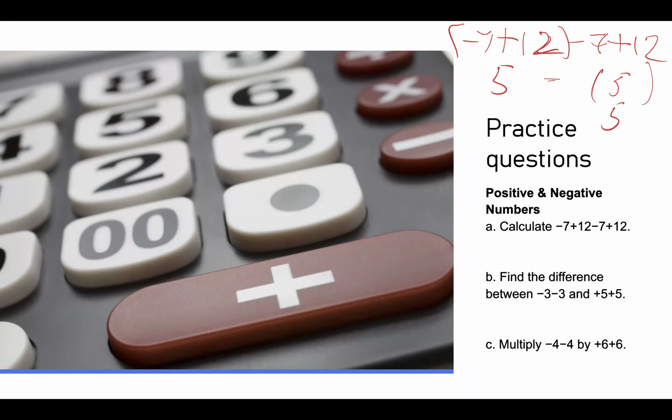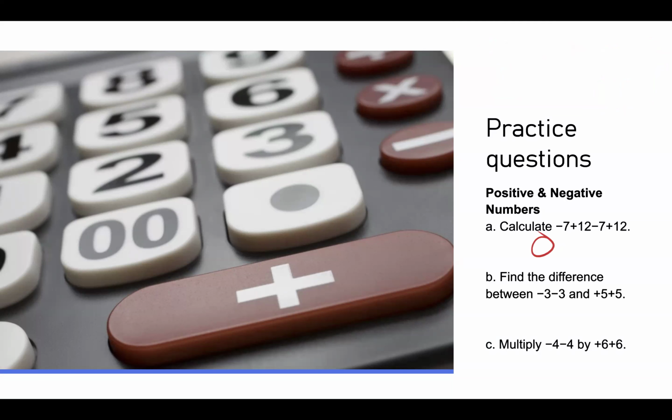So the answer would end up being 0, guys, because 5 minus 5 equals 0. The answer for this first one would be 0.